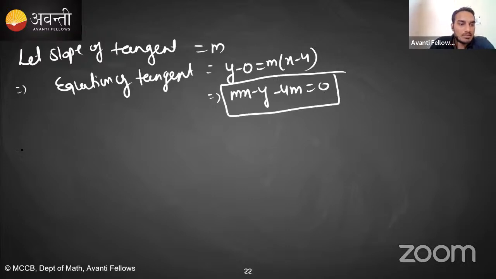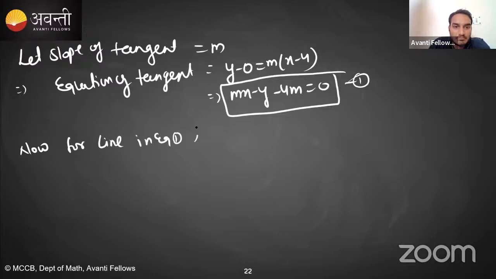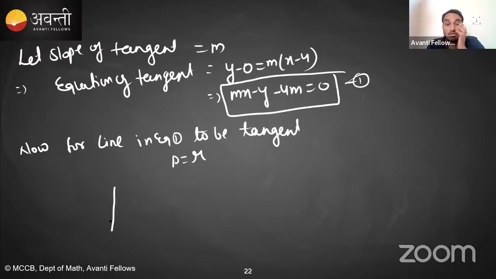Now for the line in equation 1 to be tangent, perpendicular distance P is equal to R. What is the center? Center is (0, 0). So the perpendicular distance from (0, 0) to this line, equation 1, should be equal to the radius.